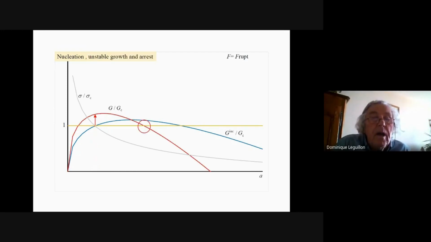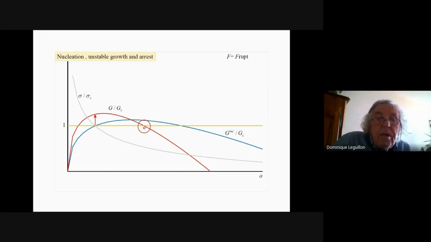And what we obtain is that it is above GC. So it means that the crack jumps, then has an unstable growth. But unstable growth up to here, because here, you know, G Griffith is decreasing and G becomes smaller than GC. This is the usual condition for an arrest point.